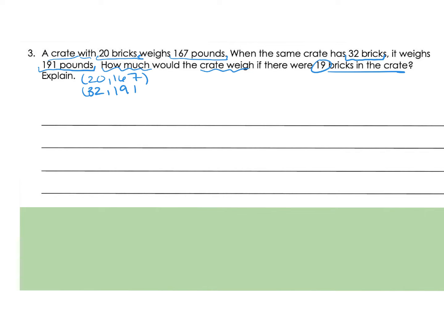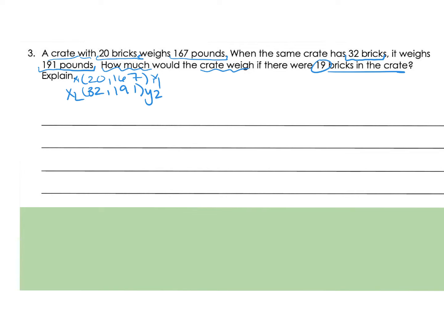So the first thing we need to figure out is the rate of change, right? So let's find the rate of change, and then we'll figure out what it is telling us, because you've got to find rate of change for everything. So this is our X1, and this is our Y1. This is our X2, and this is our Y2.